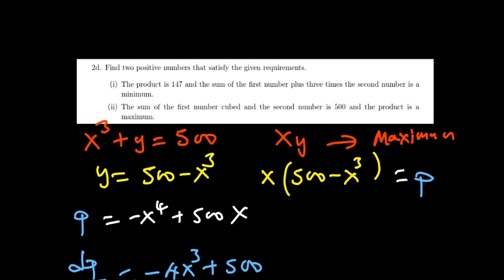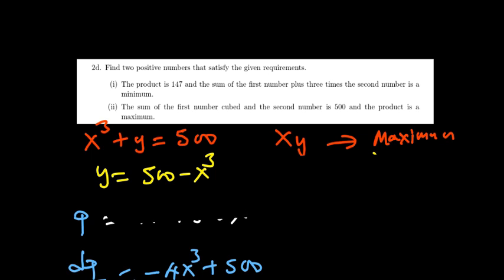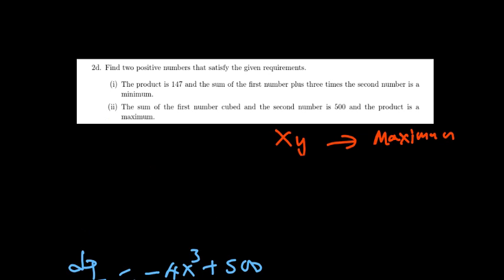What are we trying to do? We're trying to determine the point where the product is a maximum. Equate it to 0.